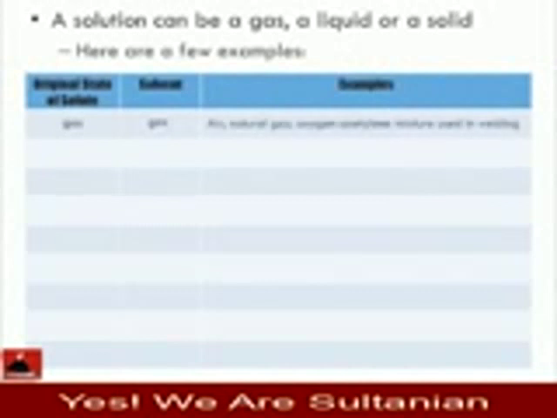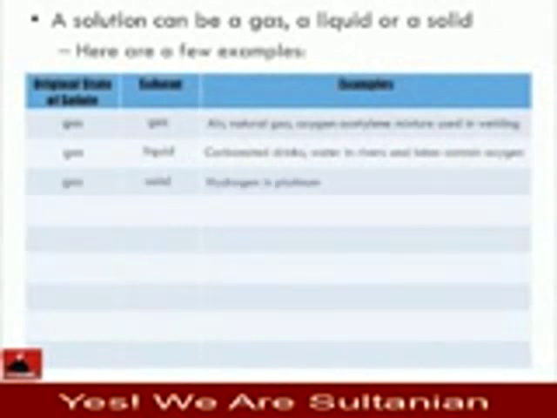Examples of that: air, natural gas, oxygen-acetylene mixture used in welding. We can have gas dissolved in a liquid. Example, your carbonated drinks, the water in rivers and lakes that contain oxygen within them. So oxygen gas dissolved in the solvent, being a liquid, and gas can also be dissolved in solids, as you would find hydrogen in the metal called platinum.